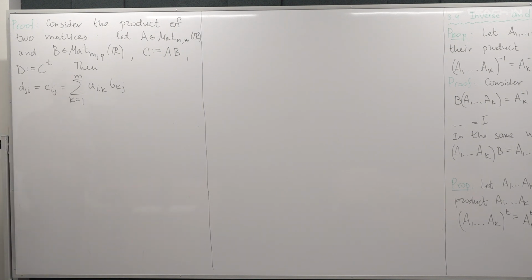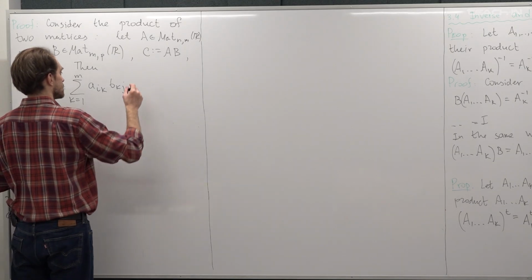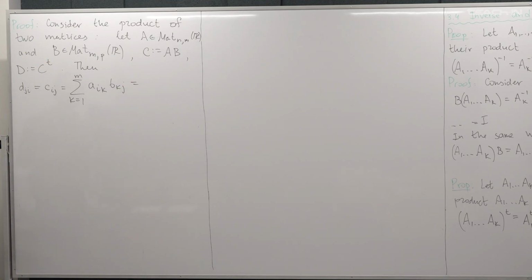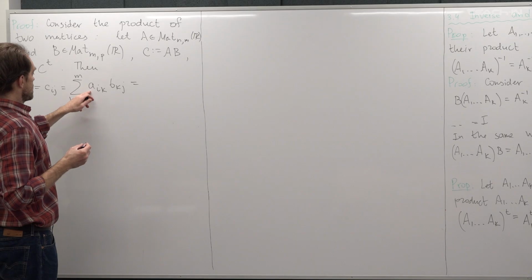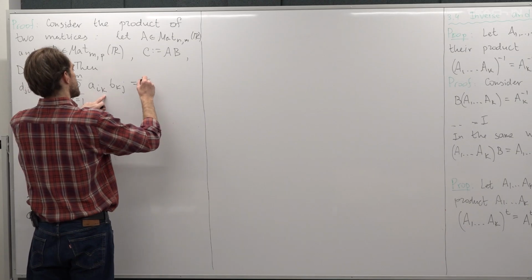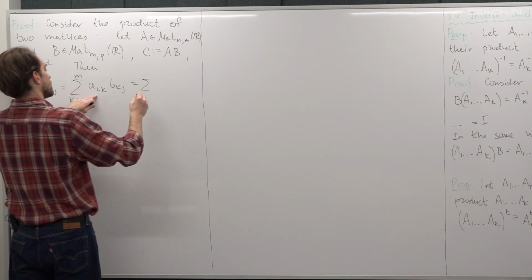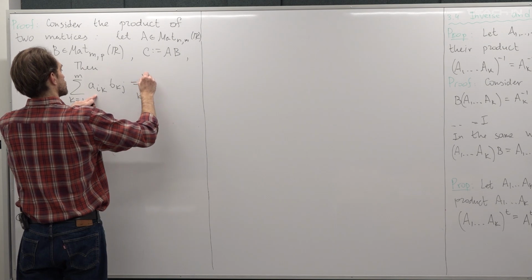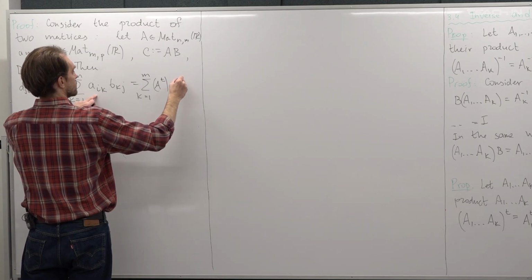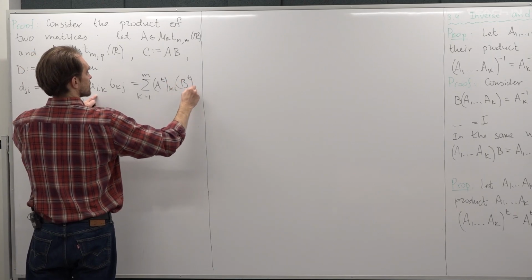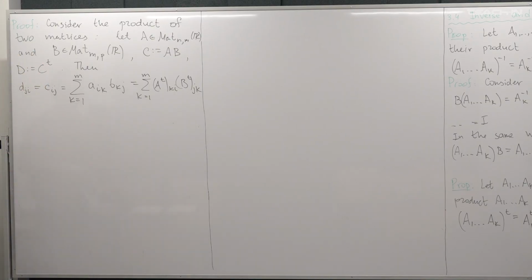Okay, so this is what we have here, and then I can rewrite it like this. What is the kith element of the matrix A transpose? It is the ikth element of the matrix A. So A transpose ki multiplied by B transpose jk, right?